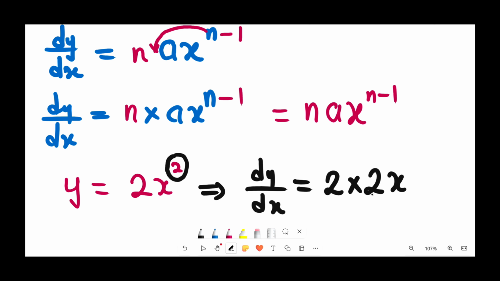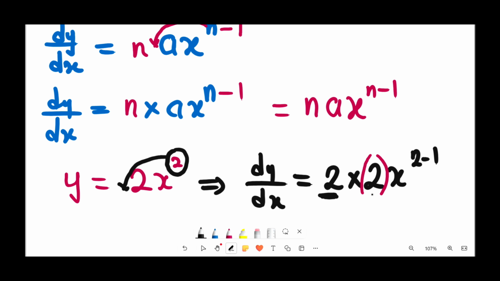Then you have your 2, which is the power minus 1. You can see that we still have our 2 here. This 2 is in the original function, so nothing has changed. And we have used this power to multiply it. That is why we have the 2 here.